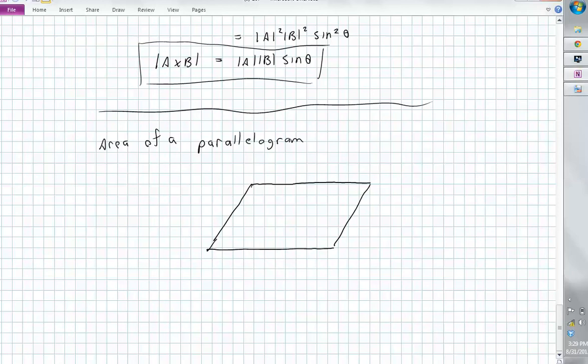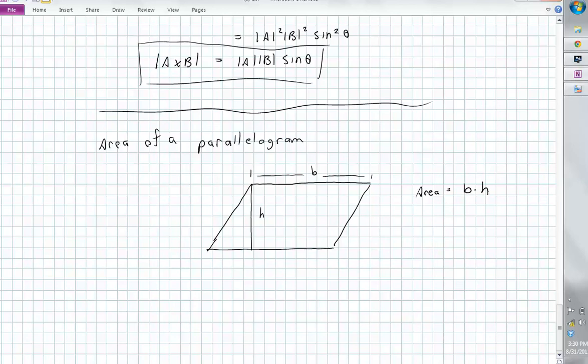Anybody know the area of a parallelogram? Base times height, very good. So let's draw the height in, H. And the base, I'll put up here. The area is base times height.